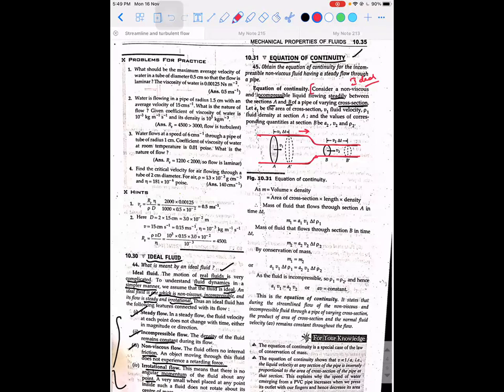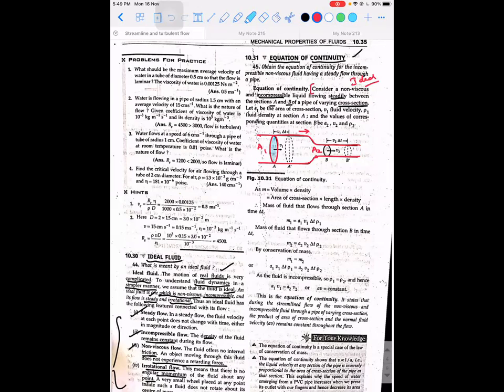Now listen, guys. If I say the area of cross section here is A1, and the area of cross section here is A2, you're able to see a cross section, right? Yes, sir.